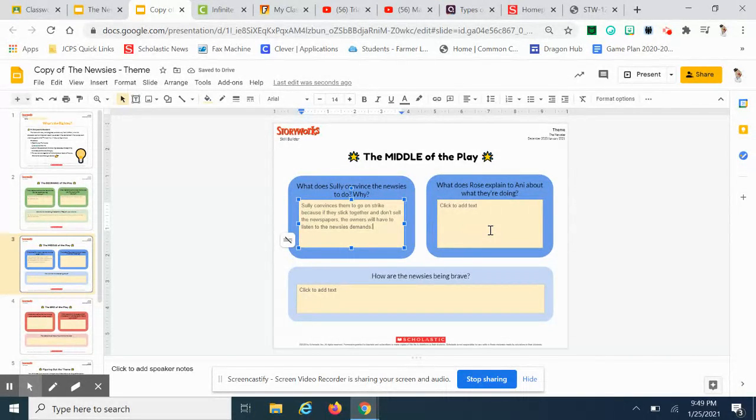All right, so he's trying to say if y'all all stick together and you don't sell any newspapers, then the owners aren't going to make any money. And if they're not making any money, then they'll have to start listening to what you're asking.